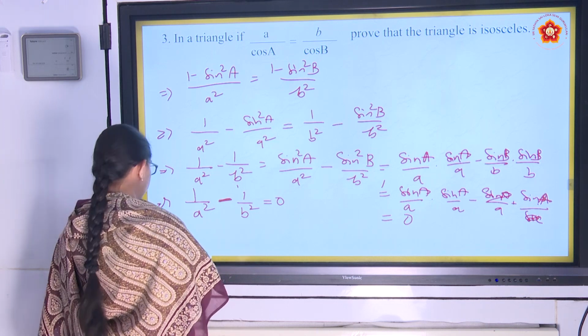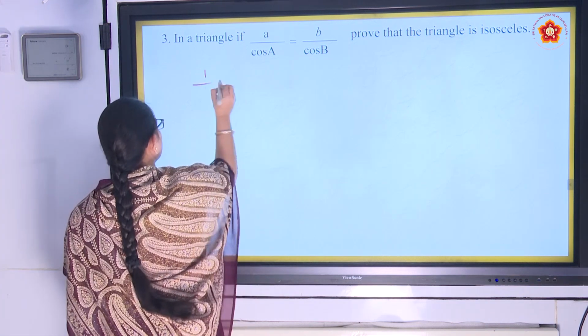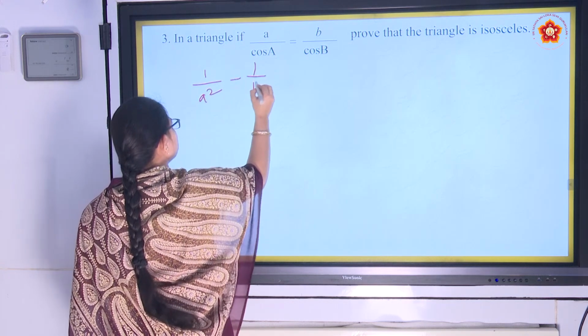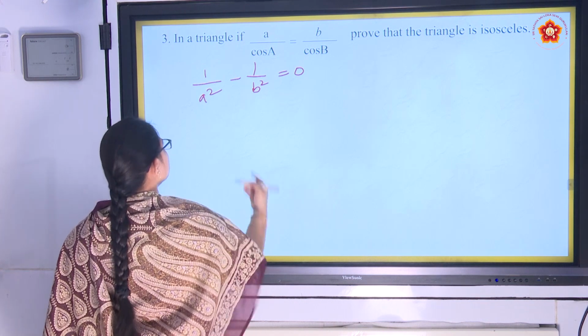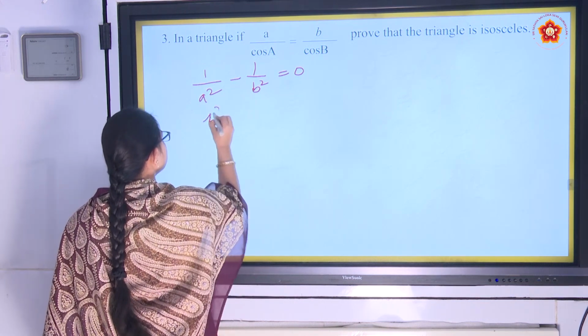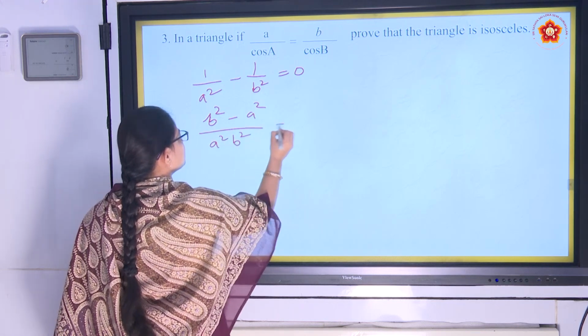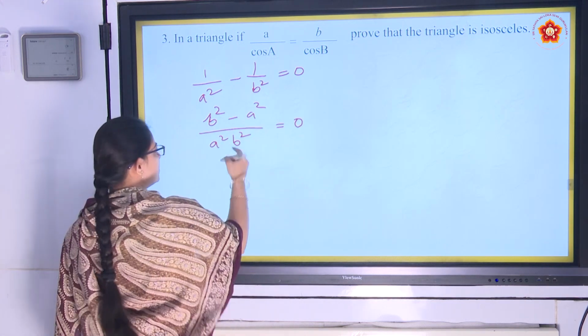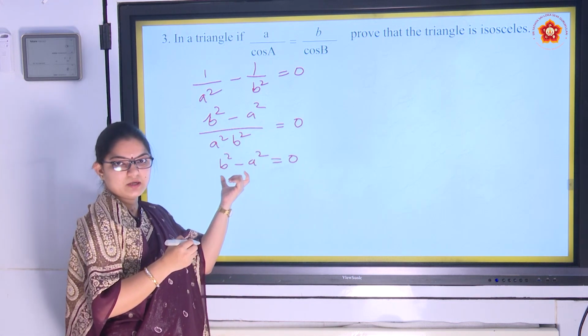Or I can simplify that. How I can simplify? So we have 1 by A square minus 1 by B square is equal to 0. Right? We have proved that the right hand side is equal to 0. So I can write that as B square minus A square divided by A square B square is equal to 0. Or I can say B square minus A square is equal to 0. But what is B square minus A square?